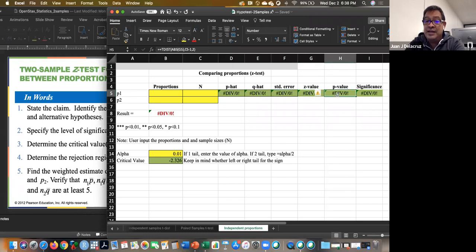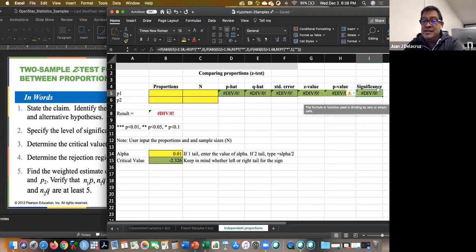That's very important. Just by looking at the p-value, if the p-value is less than the level of significance, we reject H naught. And this is even nicer because it gives you different stars. If this cell gives you 3 stars, it means that the p-value is less than 1%, which is super good because it's less than a 1% level of significance.